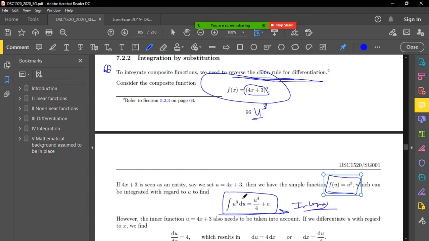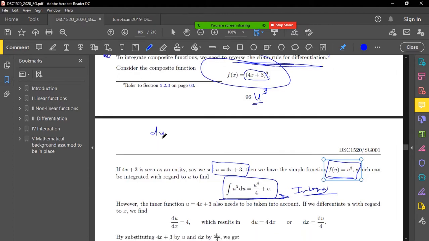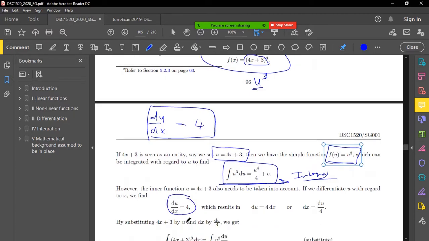Once I've got that, I need to go back and look at my u substitution. du over dx is going to be 4. Do you see that? Yep. So when du over dx equals 4, what is du equal to? 4 dx.